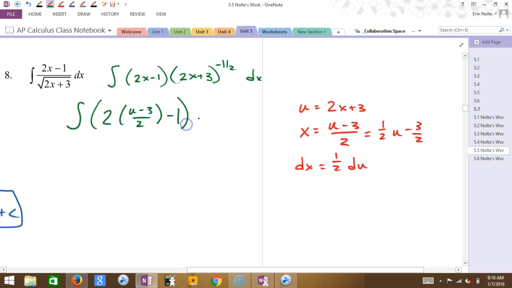I just want to make sure I write everything. I'm going to write my quantity as a u, so that's going to be times u to the negative 1/2. And what is the value of dx? 1/2 du. Good. So I basically did 3 substitutions in one right there.